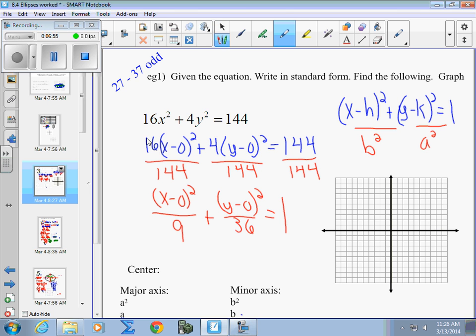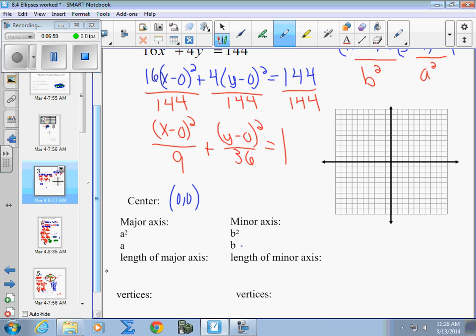The center is 0, 0. The major axis is the y-axis. The minor axis is the x-axis. A squared is equal to 36, so A is equal to plus or minus 6.